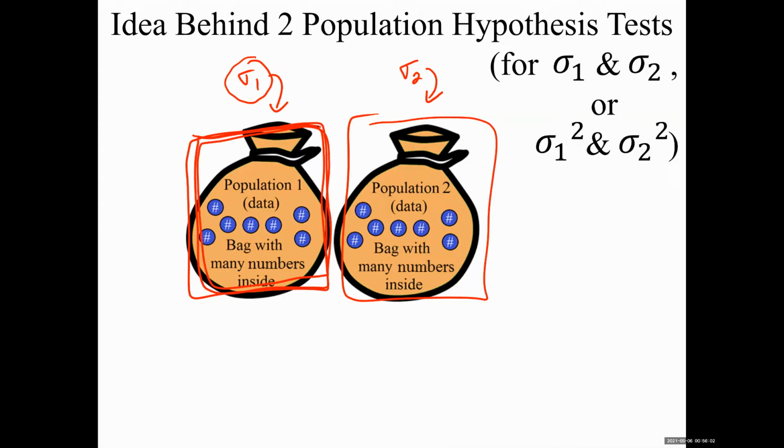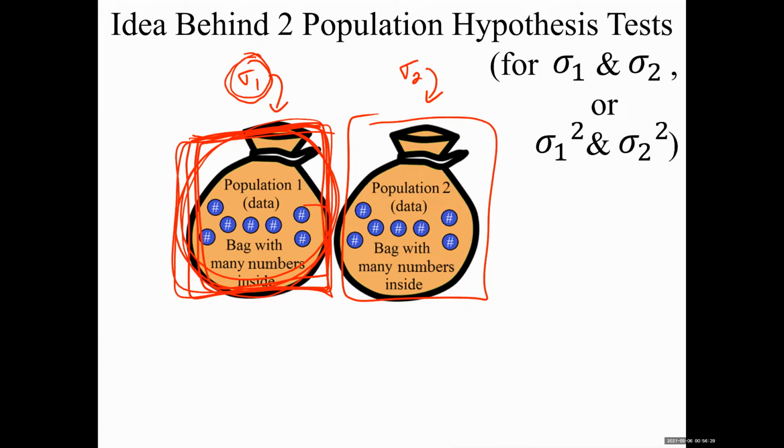Each number is the age of some Rio Hondo student, and I have the ages of all Rio Hondo students in this bag. But of course, that's too much work to actually talk to 20,000 students and ask them one by one for their ages. So that's why it's an imaginary bag. We wish we collected that data, and then we could calculate sigma 1, but we don't. So it's an imaginary bag of data that we would have if we talked to every Rio Hondo student and asked them for their age, but we don't.